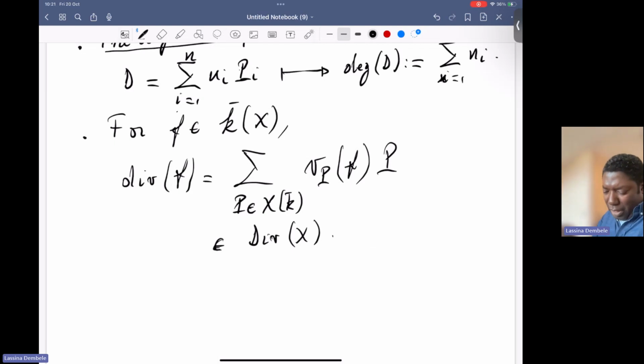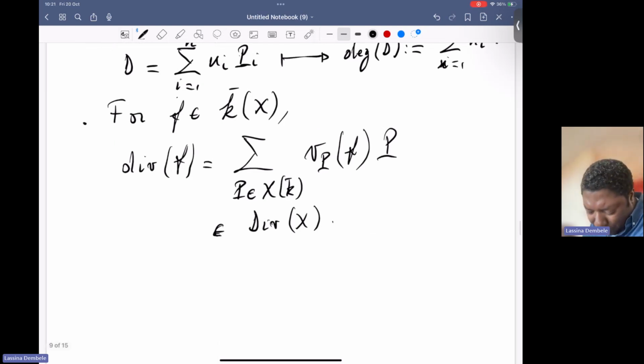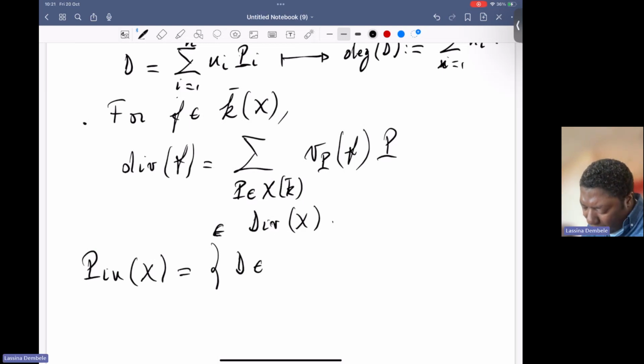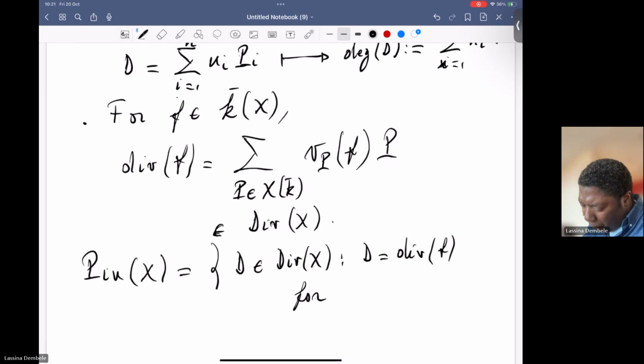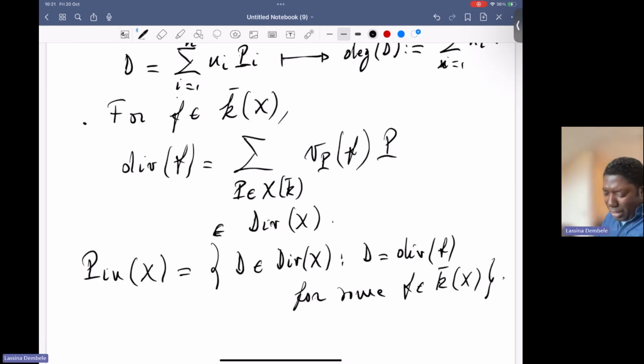And then we call Prin(X) the set of divisors that come from rational functions. Okay.